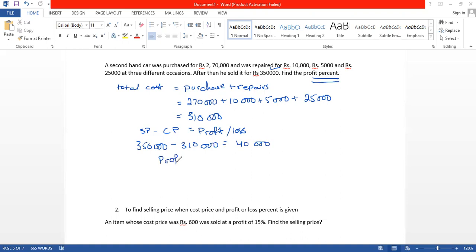So profit over cost multiplied by 100. 40,000 divided by the cost, 310,000, multiplied by 100. The answer over here is 12.9%.